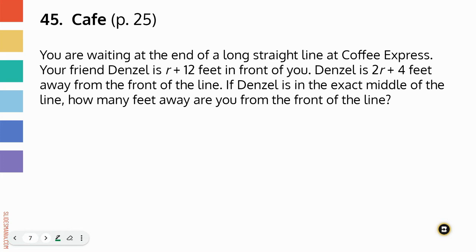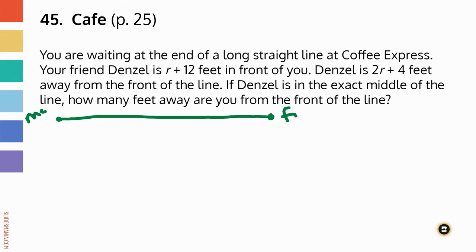So we're going to draw a little diagram here. So here's me. And then the other end is the front of the line. So me and front. And then Denzel, it says, is exactly halfway.